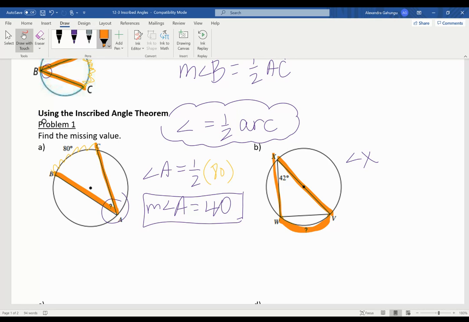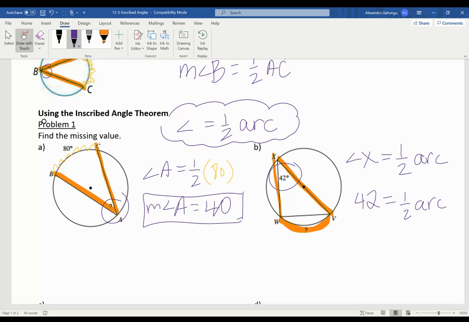So the angle we're going to look at is 42. So the measure of angle X is going to be half the arc. This time we don't know the arc, but we do know the measure of our angle, so we fill in what we know. We know it's 42 equals half our arc.